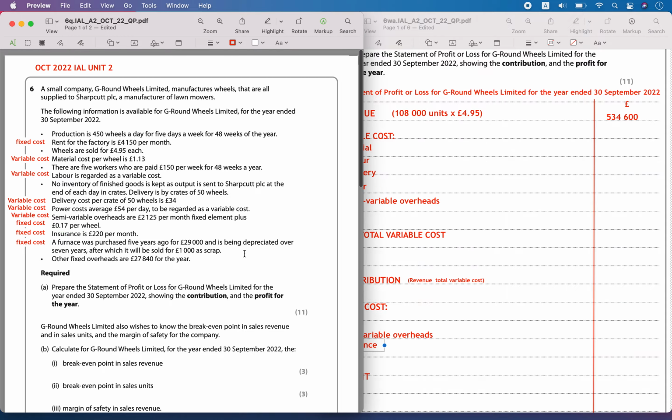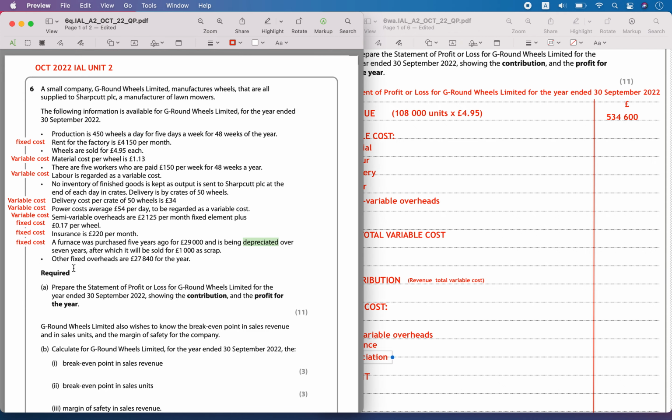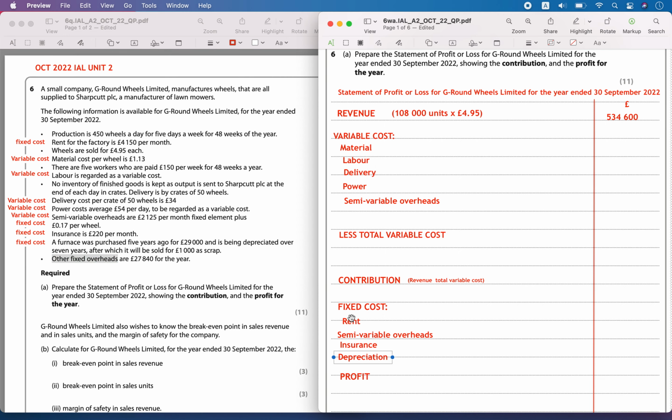And then you have the depreciation which is also fixed. And you have the other fixed overheads.